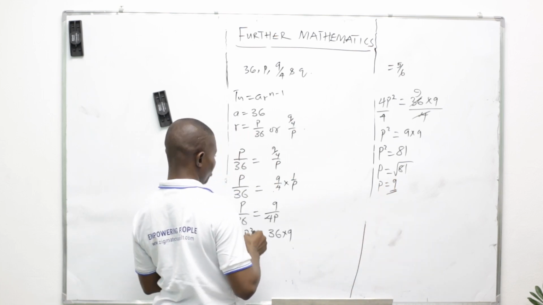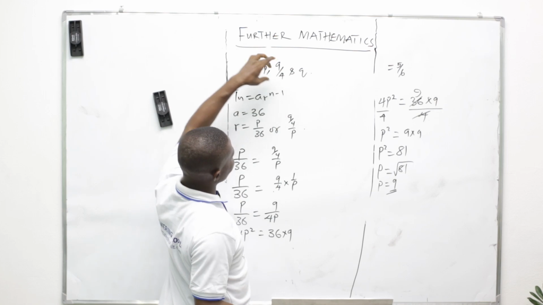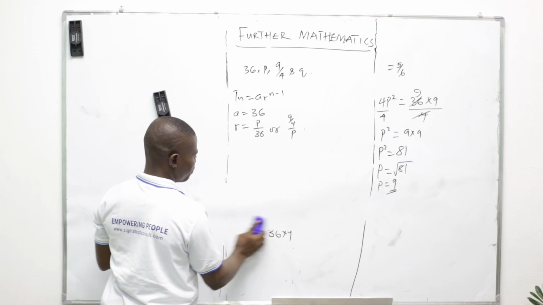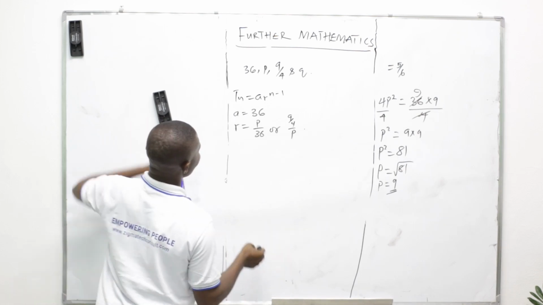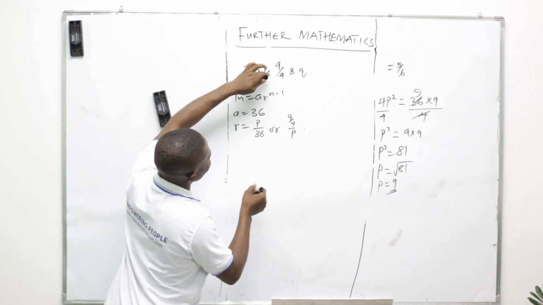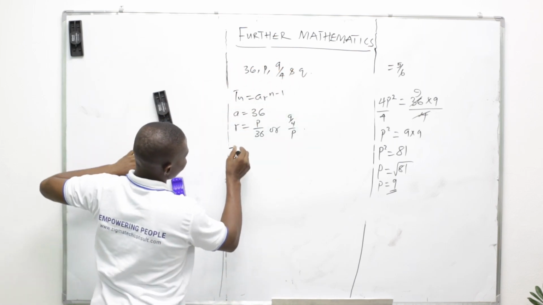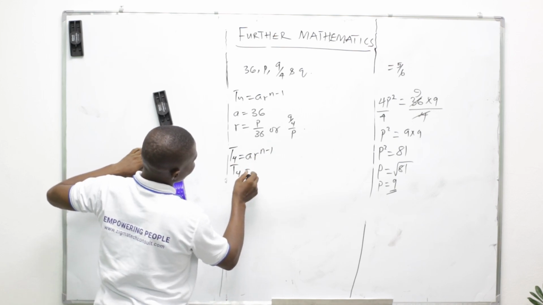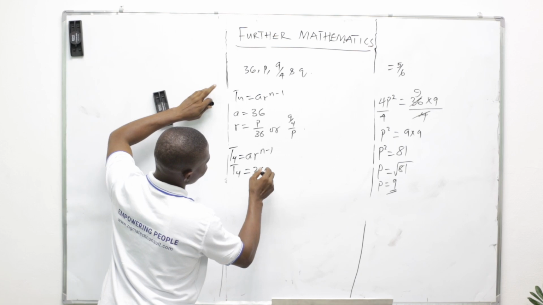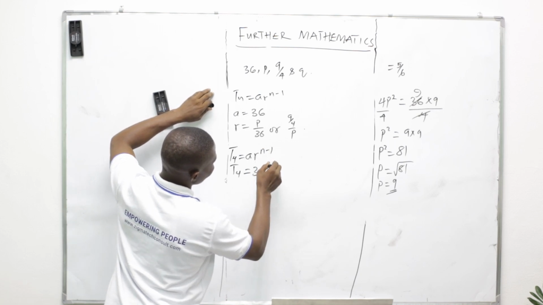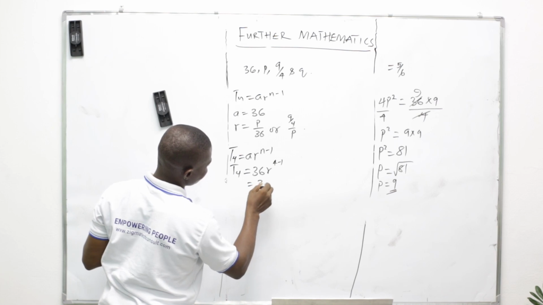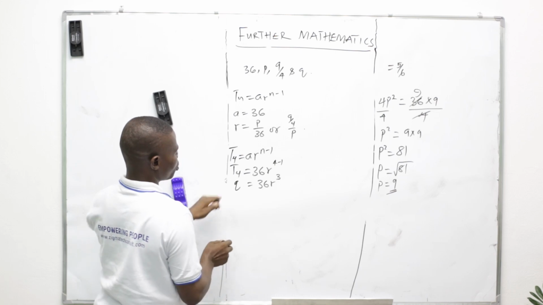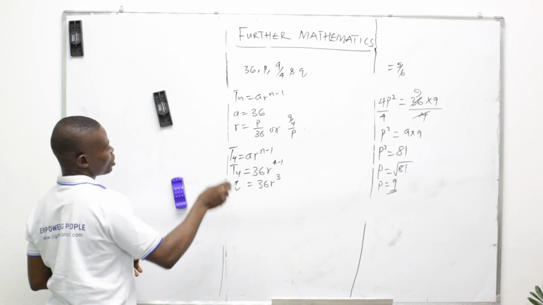Now let us solve for Q. Q is the last term, the fourth term, so T4 equals A R to the n minus 1, which is 36 times R to the power 4 minus 1, that is 36R cubed, and that will give us Q. Now what is R?